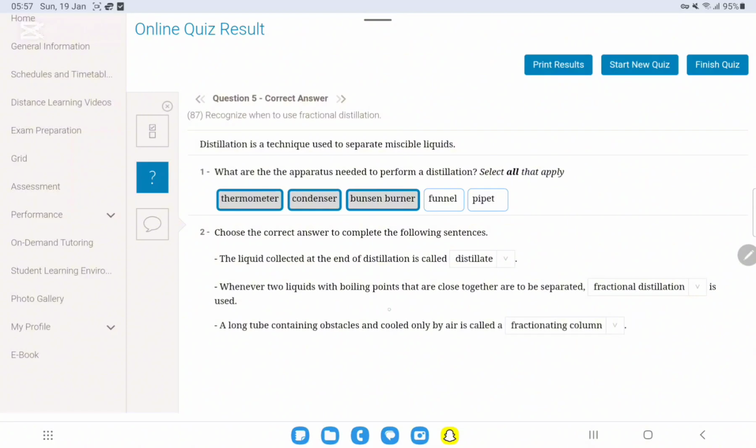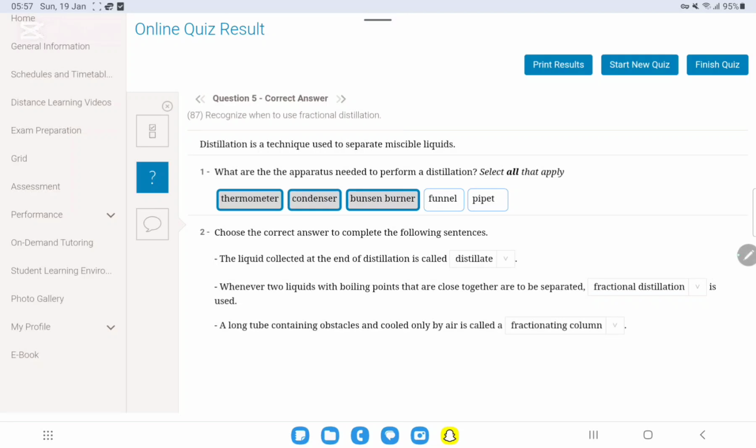Whenever two liquids with boiling points that are close to each other are to be separated, we use fractional distillation. Simple distillation, like the one I just did, is for liquids or solutions with components that have a big difference between their boiling points, but if the boiling points are close, you use fractional distillation.